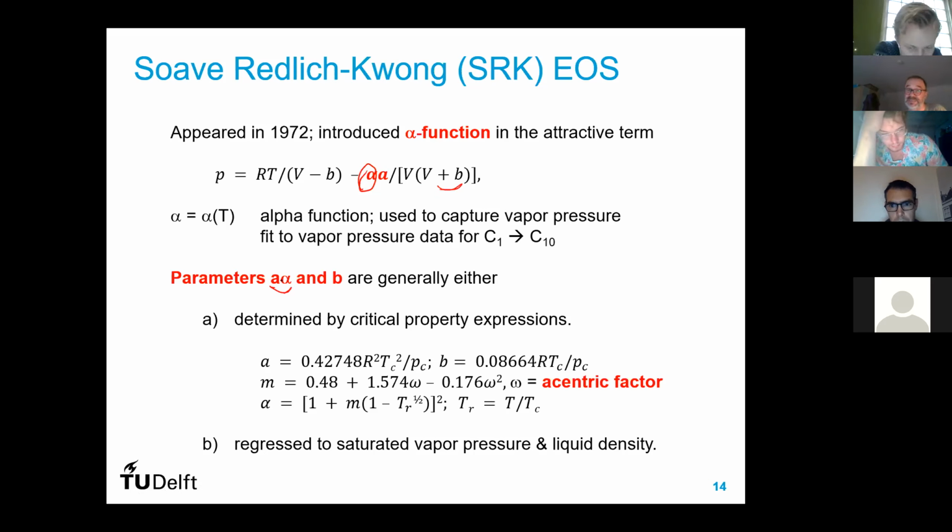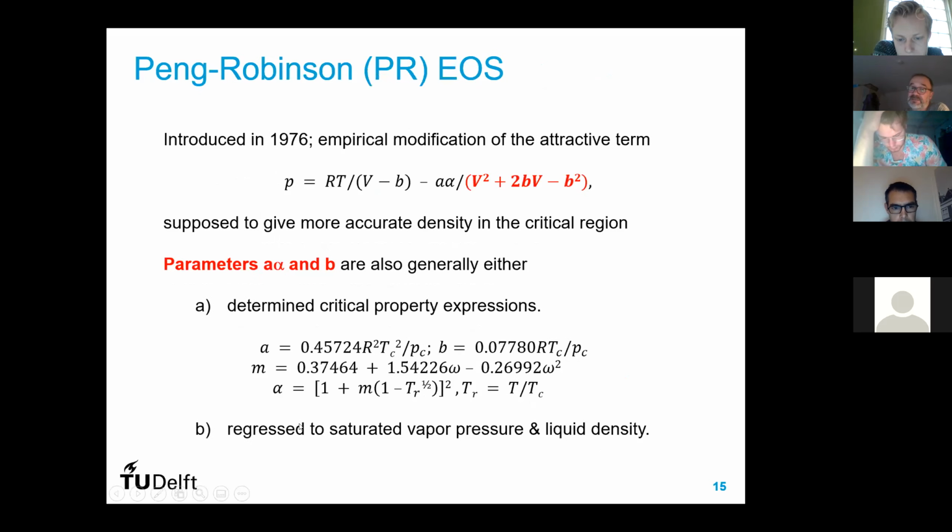So be careful in the literature, but in the original papers, they have just this correction. And then the B operator, they can again define by critical property expression. Here is an example of how they can be defined.